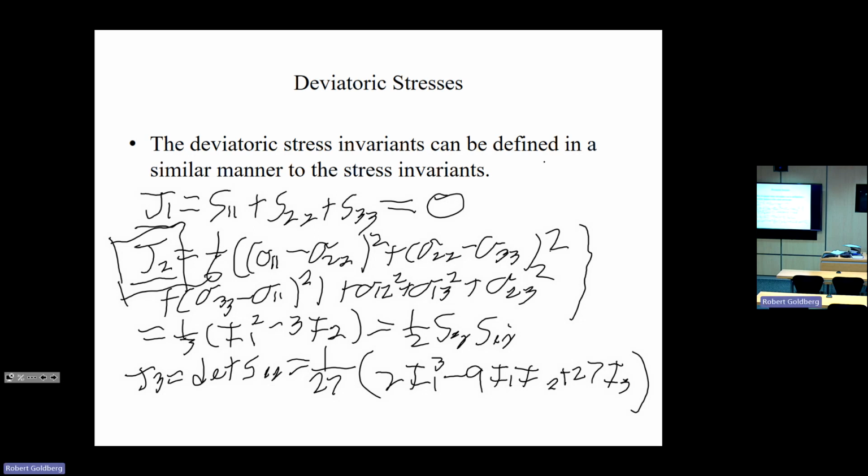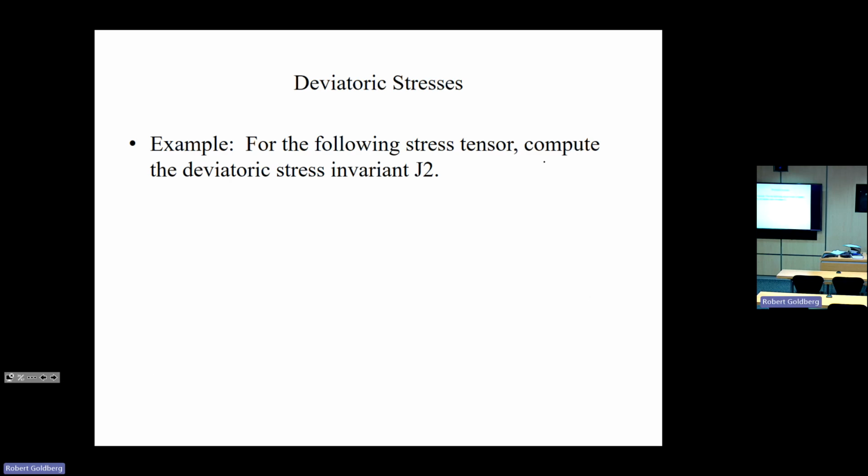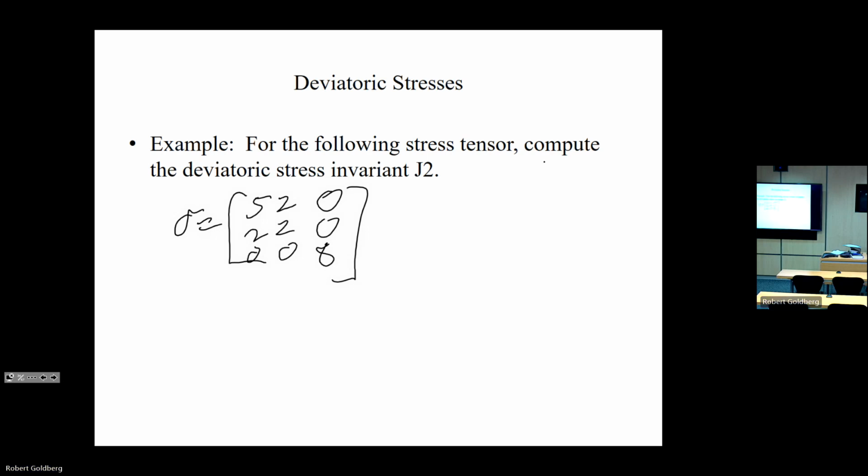So the last thing we will do before our break, just to finish this topic, is examples. So for the following stress tensor, with our stress equal to 5, 2, 0, 2, 2, 0, 0, 0, 8, we're going to compute the deviatoric stress invariant J2.